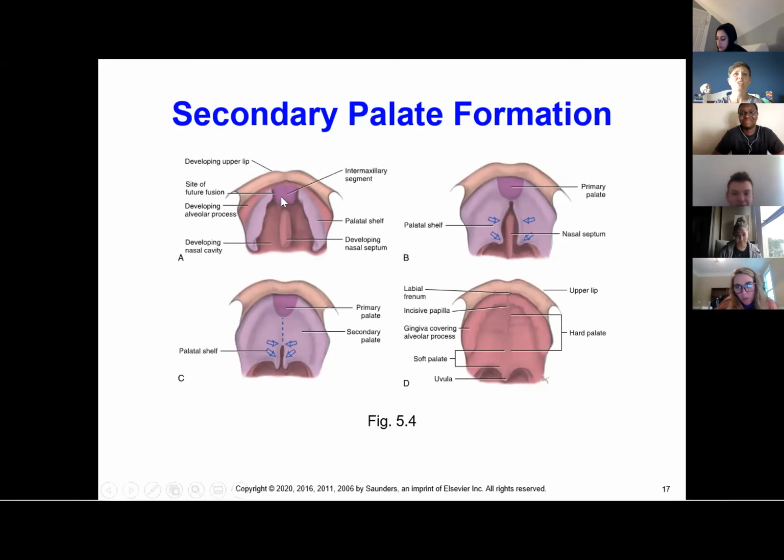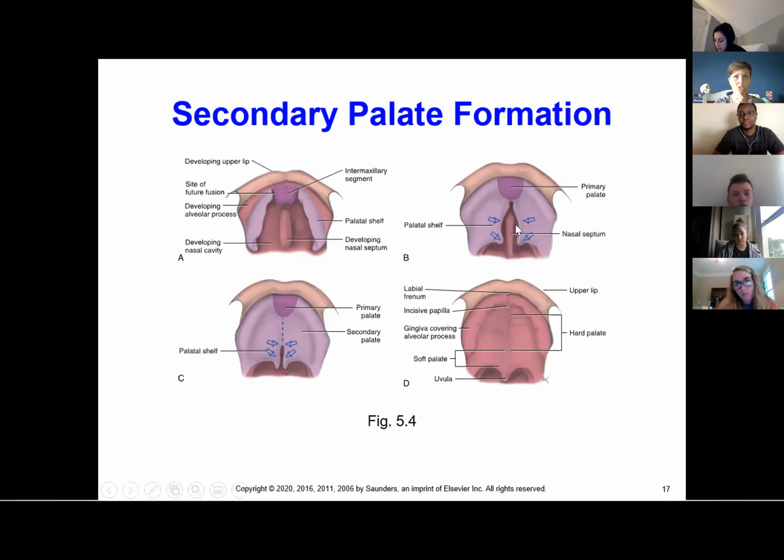So that intermaxillary segment, the one that comes down in between the nasal cavity and your stomodeum, will eventually develop into this very small area called the primary palate. And then you have your developing, this purple part is your secondary palate. These are your palatal shelves that will come together, and it will fuse here at the median line.